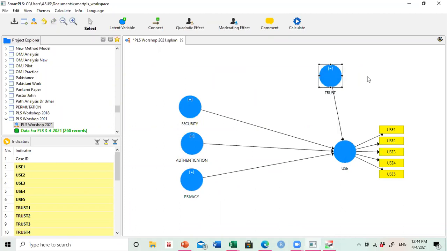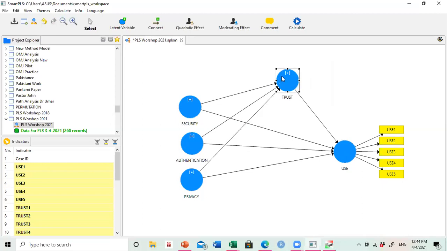But for us to know whether it is a mediator in the model, in the framework, we have to connect our IVs to the mediator. IV to mediator, IV to mediator. So this will tell us that we may want to test this one as a mediator.